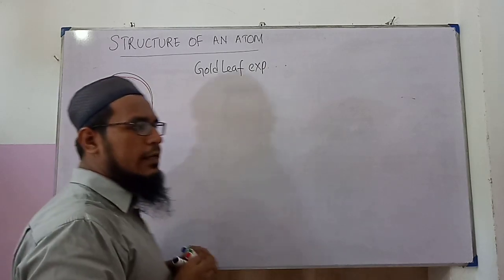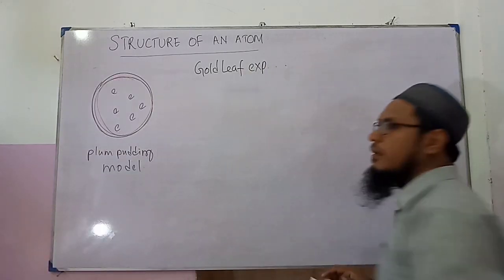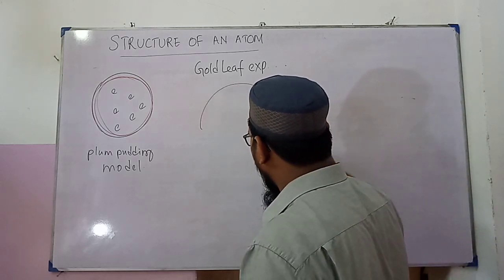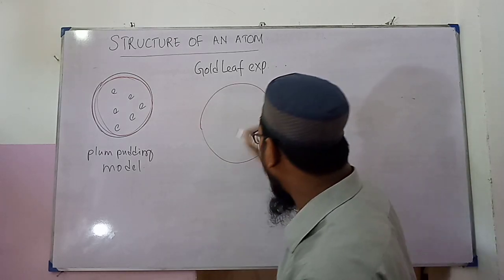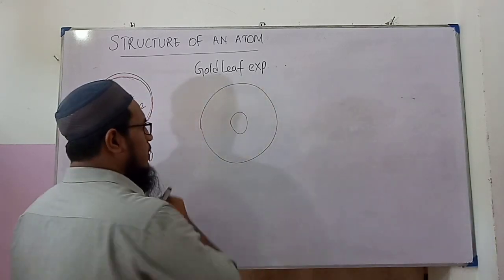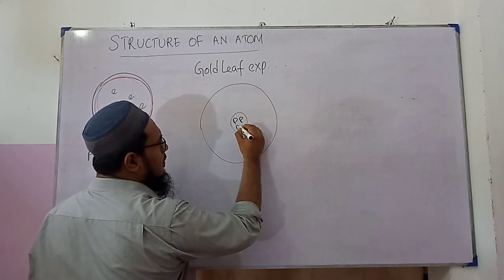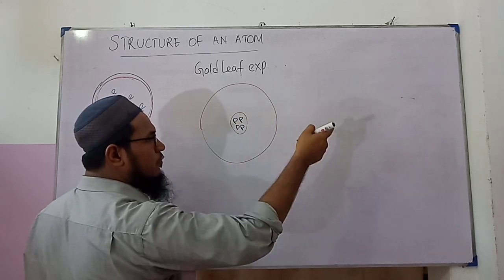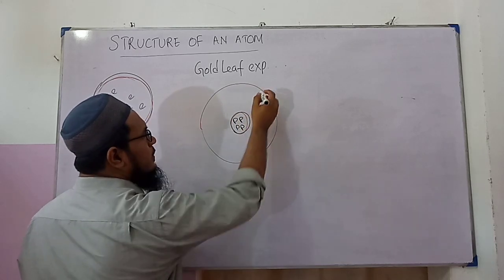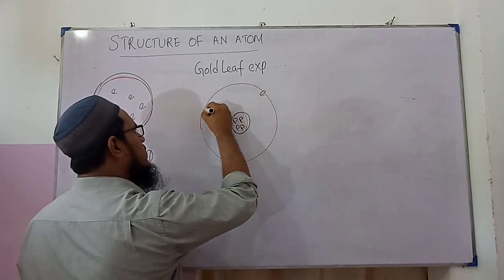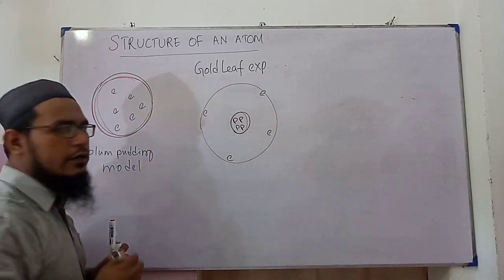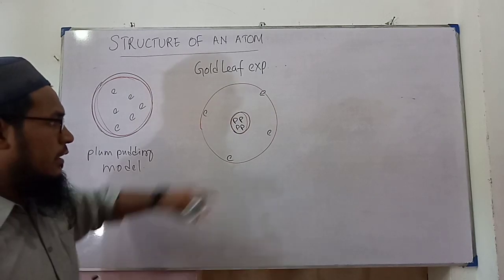According to his gold leaf experiment, he concluded that the atom is a large structure having a center, and on that center are the protons which he found out, and the electrons are somewhere scattered in the atom and rotating around the proton.